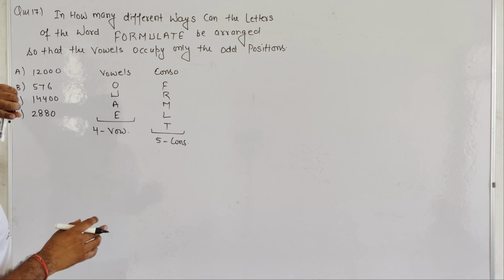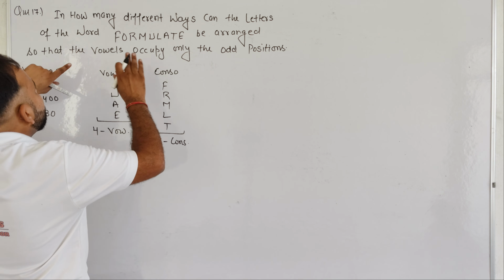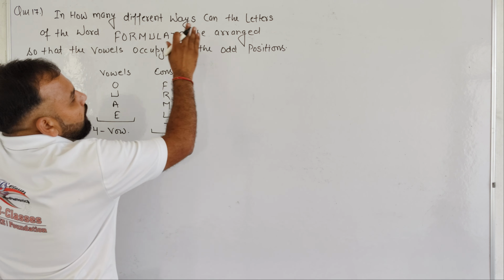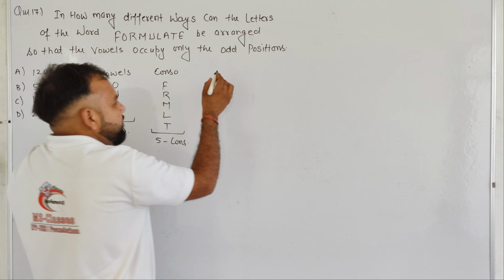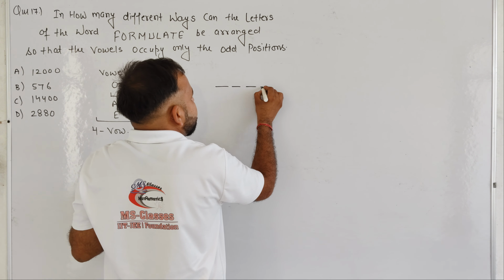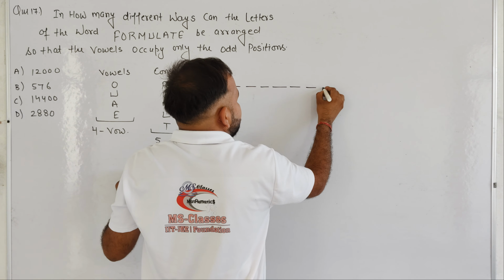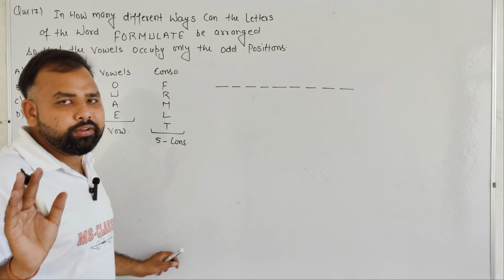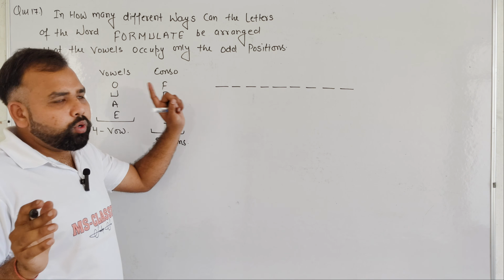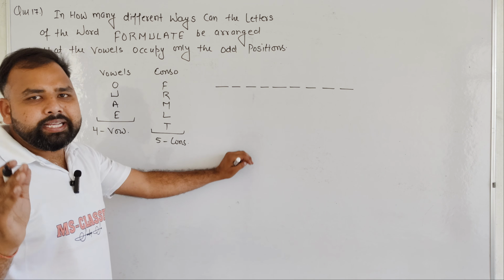So the question is asking that we want to arrange all the vowels on odd positions. There are exactly 9 letters, so we want to place the letters in 9 places.